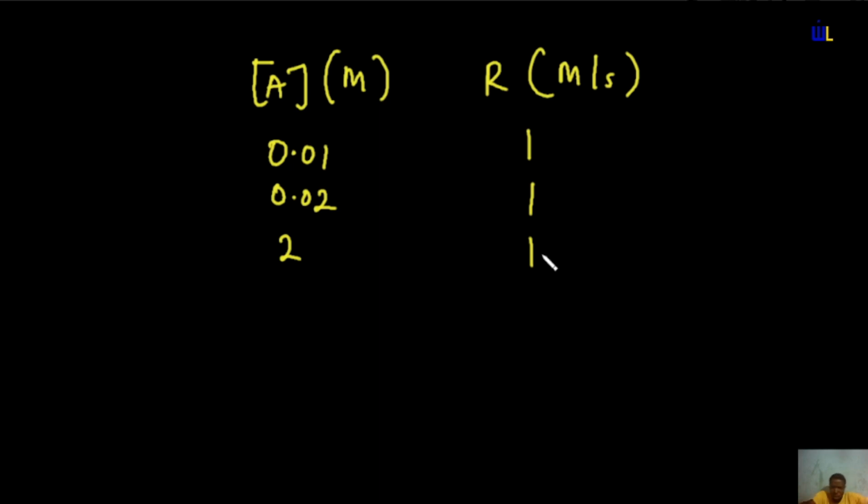Moving ahead to the next one, which is the first order reaction. A first order reaction is simply described as a reaction in which the factor of increase in the concentration is the same as the factor of increase in the rate. See what I mean? If you have 0.01 and initially the rate was 1, and then the concentration changed and became 0.02, you increase the concentration by a factor. How do you get that factor of increase?